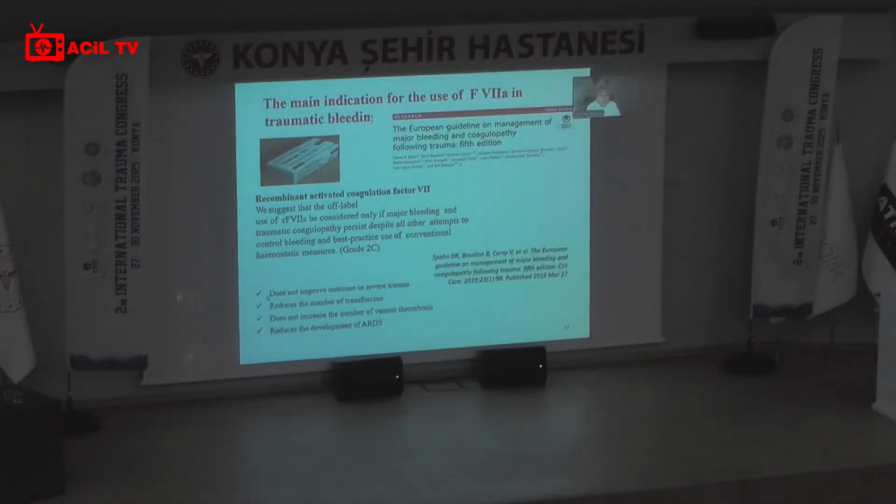And of course, I'm using factor 7, NovoSeven, recommended activated coagulation factor 7. There is a suggestion that the off-label use of recombinant F7a be considered only if major bleeding and traumatic coagulopathy persist despite all attempts to control bleeding and best practice use of conventional hemostatic measures. This is a recommendation.